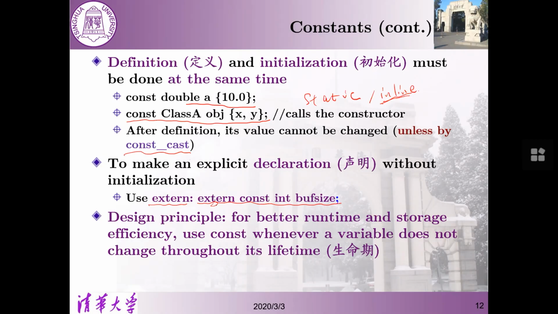For variable declarations, it is required. For better runtime and storage efficiency, use const whenever a variable does not change throughout its lifetime. If we know for sure that this variable will not change, then we should use const, okay?